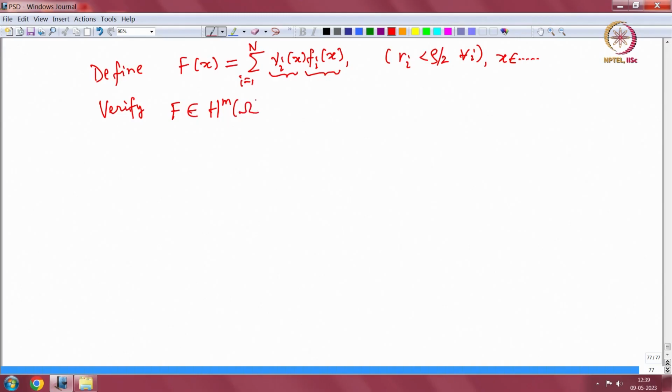So outside that is in fact the support of f. The compact support of f is in the closure of omega rho by 2.